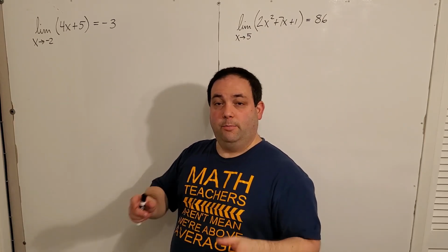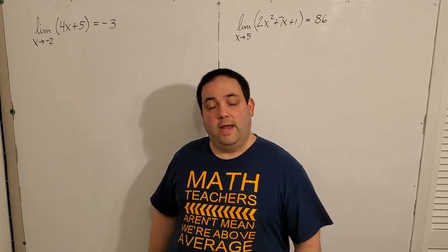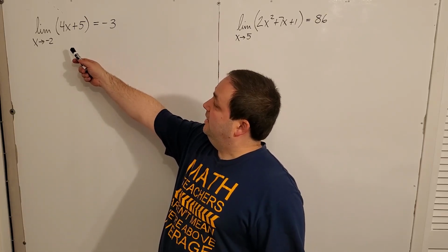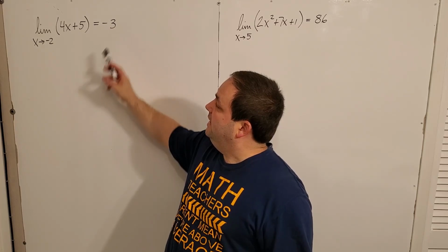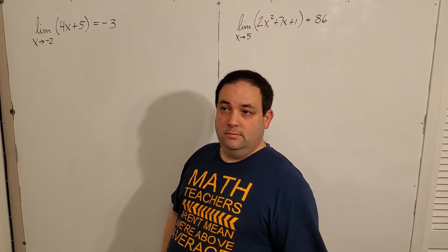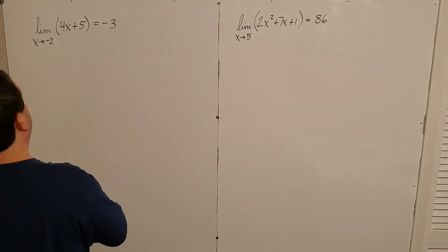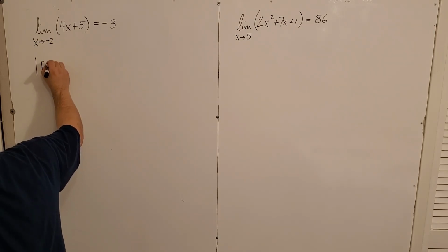If I can prove that for every epsilon, then the limit is correct and proven. So let's do that. It's saying that the limit as x approaches -2 of 4x plus 5 is equal to -3.